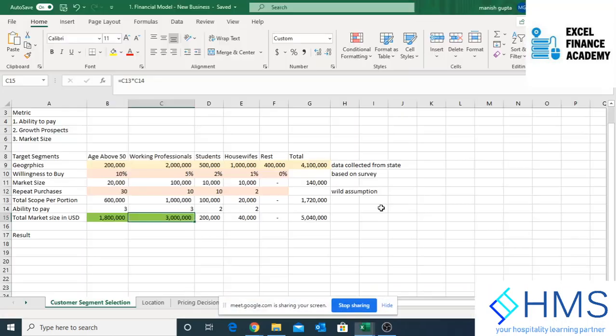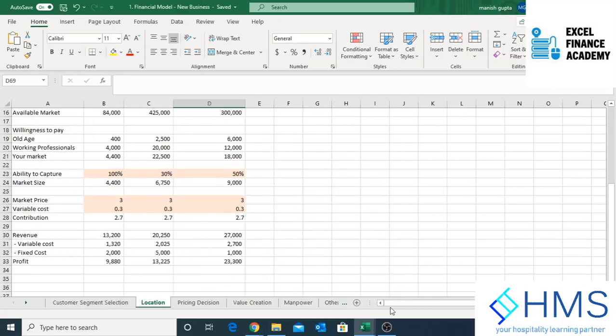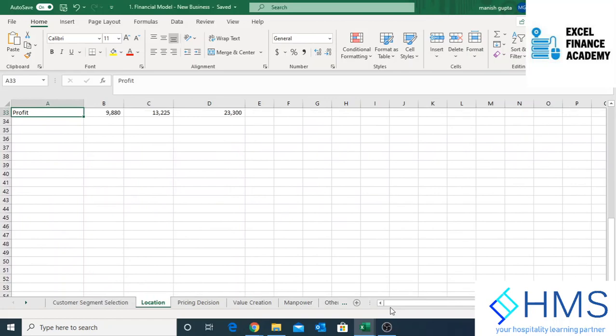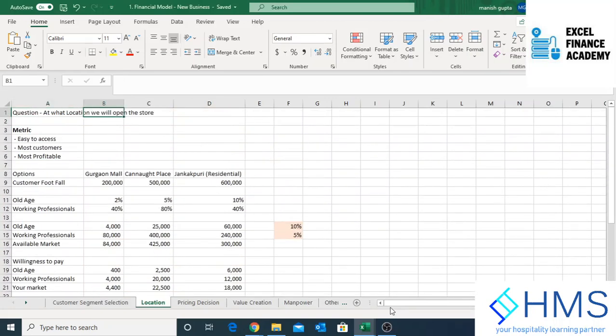And then we discussed how we select the specific location. The other metric is where you are going to be most profitable and where you will find the most customers to enter the market from that particular niche.